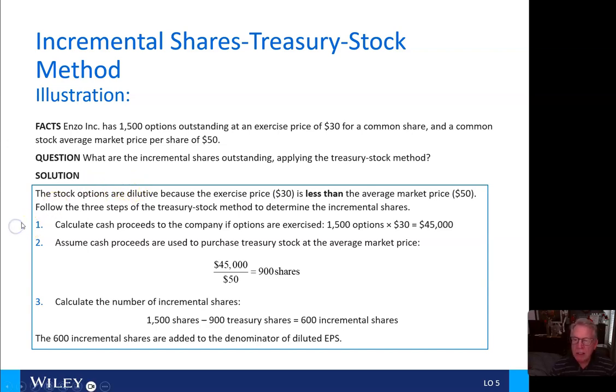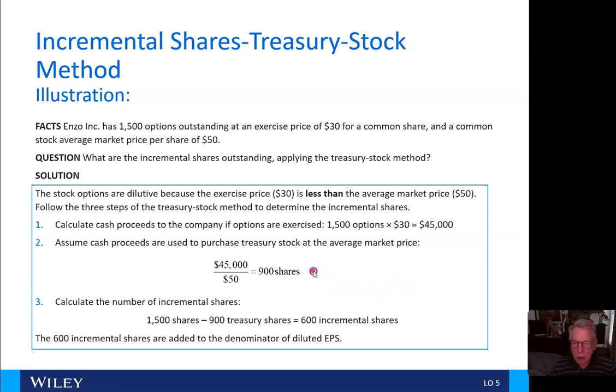First, we calculate the cash proceeds to the company if the options are exercised. We multiply 1,500 options times $30, which equals $45,000. Now, we assume that the cash proceeds are used to purchase treasury stock at an average market price. So we take the $50 market price and divide it into the $45,000 that we calculated in number 1.